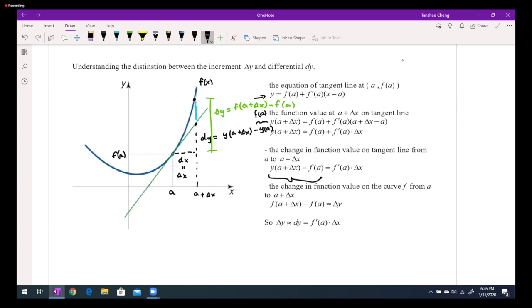That is basically f of a plus delta x minus f of a, which is delta y. And now I can see that this delta y can be approximated with the differential of y, which is basically using this formula right here: the derivative of the f function evaluated at a times delta x. So that's the connection, and then the difference between the differential of y and delta y. What are the differences? Okay.